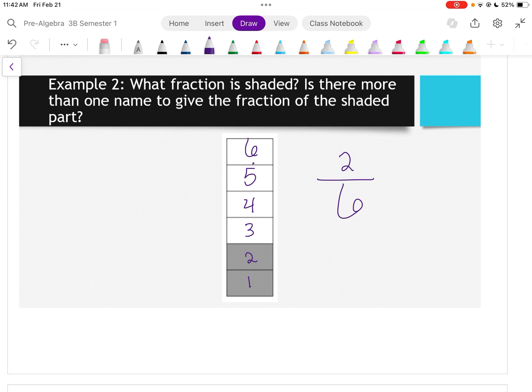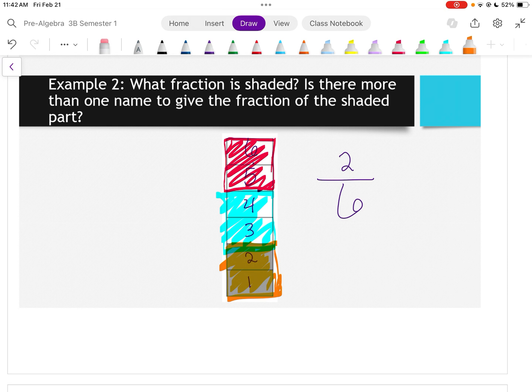Is there more than one name you can give the fraction that is shaded? With this, there are a few different ways you can find equal parts in your picture. So if we were to group together 2 of them to make this one, another one, and then down here, our third part.